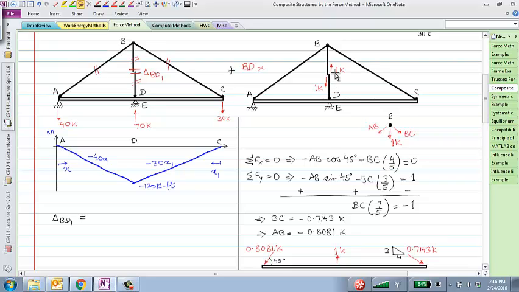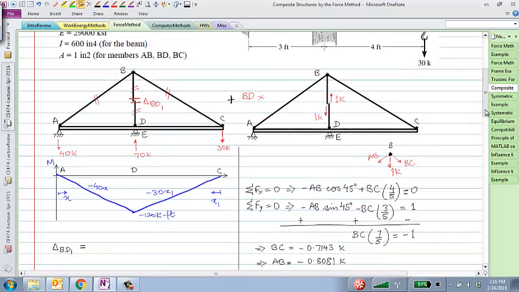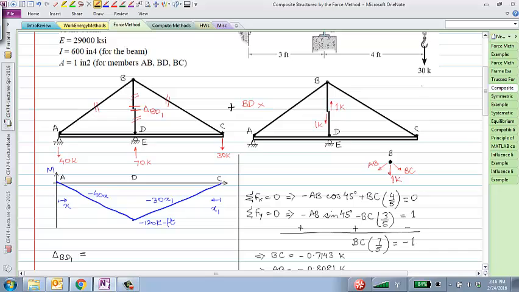In this particular case, if I apply a unit load out here, hopefully you can see that the free body diagram of point B looks like one down here. Just to be consistent, I'm going to draw AB and BC assuming them to be in tension. They will come out negative and they'll be in compression.